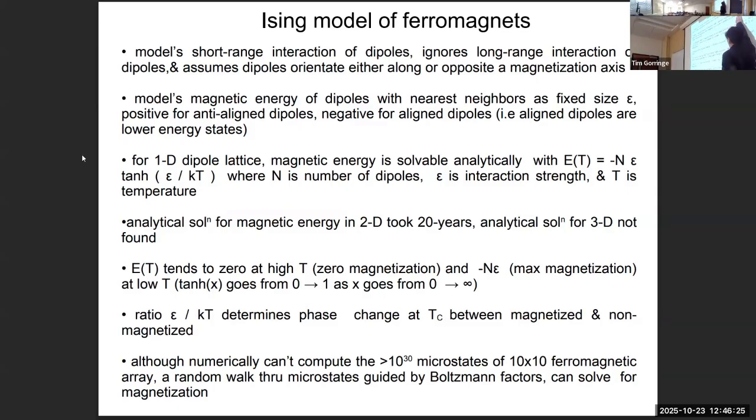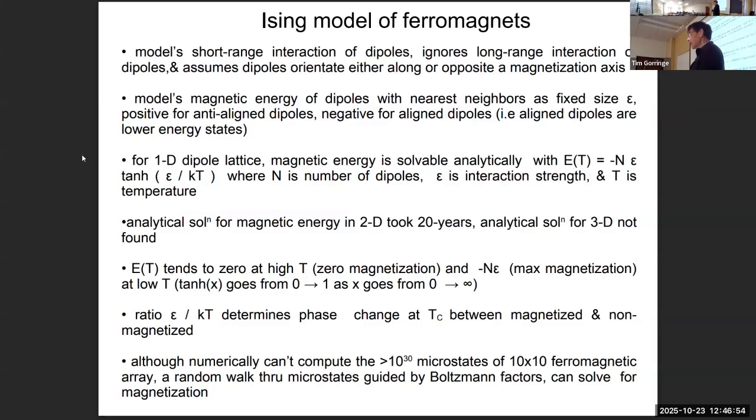The way we model the interactions is that for the nearest neighbors, there's a characteristic magnetic energy associated with their interaction that is either positive or negative, depending on whether the two dipole moments are aligned with one another or oppositely aligned.